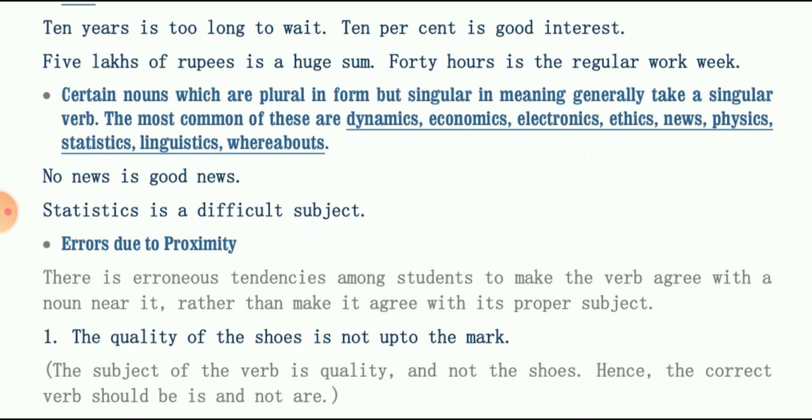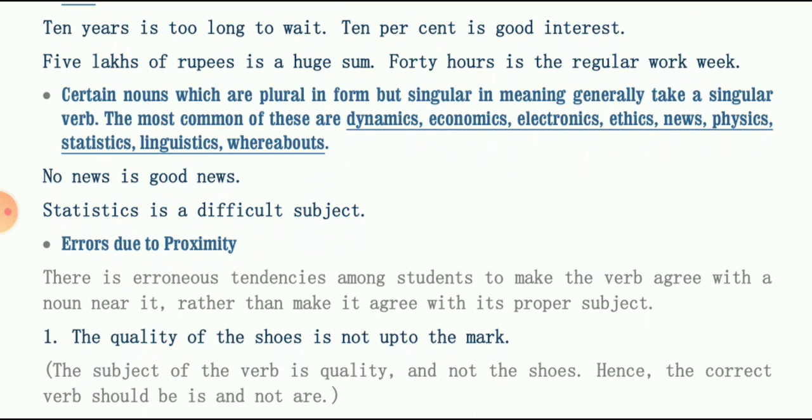Now, errors due to proximity. There is an erroneous tendency among students to make the verb agree with the noun near it rather than make it agree with its proper subject. Like, the quality of the shoes.